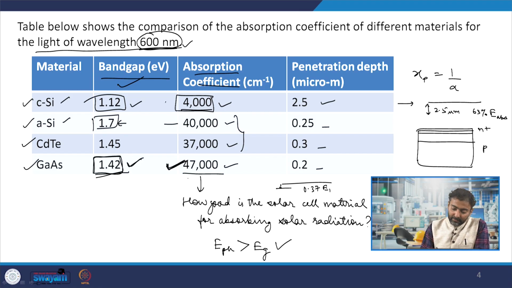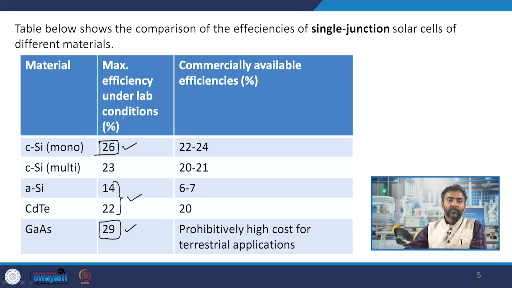Crystalline silicon, though it absorbs a smaller number of photons, converts a very high proportion of them to useful electron hole pairs due to its low band gap. On the other hand, amorphous silicon, though it is absorbing a lot of photons, due to its high band gap, most of those photons go to waste, and only a few are converted to useful electron hole pairs and photocurrent, and that is what is reflected here.